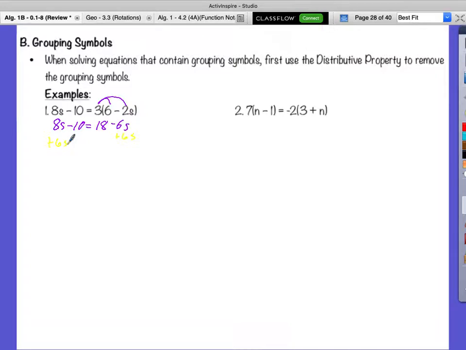Okay, and then that would equal 14S minus equals 18. 2, and then equals 2.